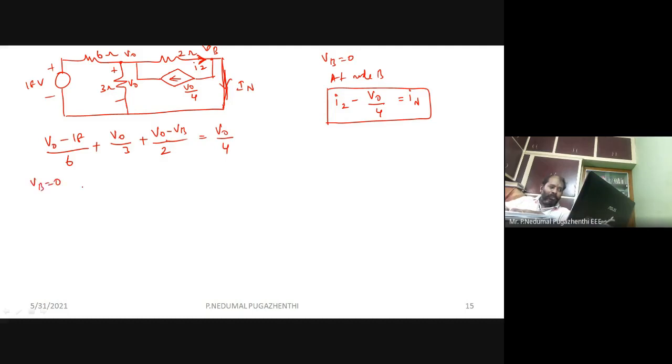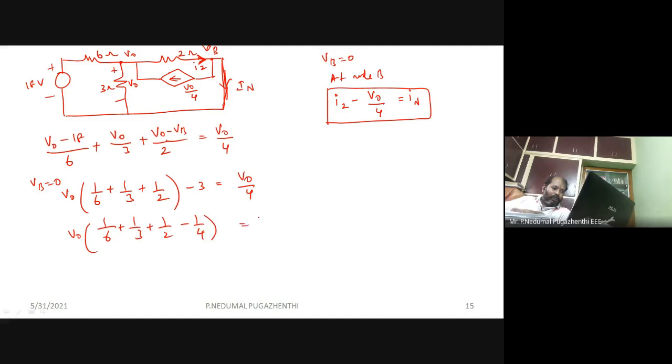So I will get V0 times (1 by 6 plus 1 by 3 plus 1 by 2 minus 1 by 4) is equal to 3. So if I solve, I will get V0 is equal to 4.